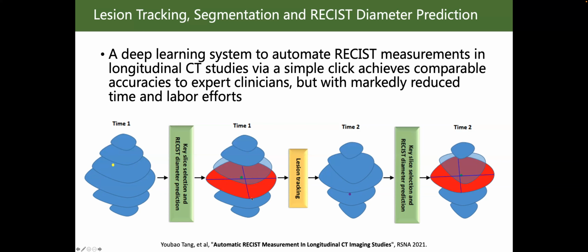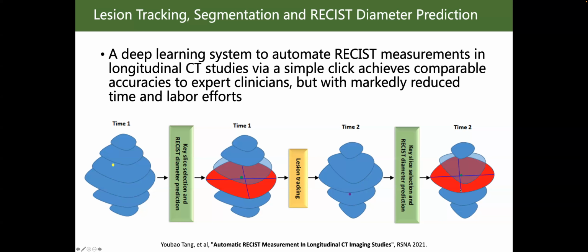Based on this information, we can use the point matching or lesion tracking tools to find or locate the lesions on CT scans collected at later time points. For example, time point 2, and then we can use the same procedure to get the key slice, the lesion segmentation and the RECIST diameter prediction results.